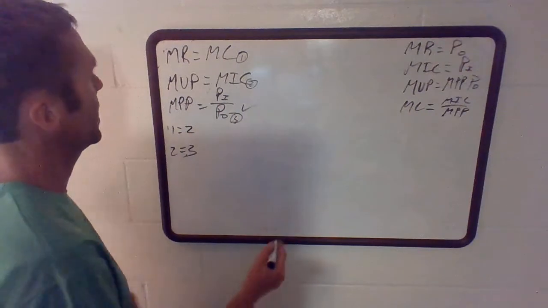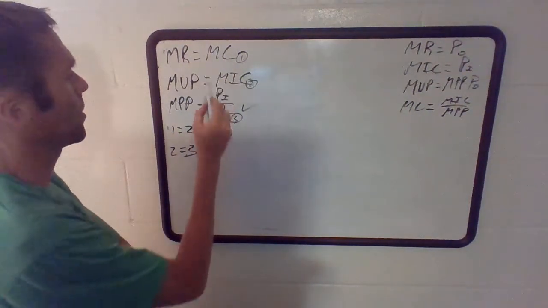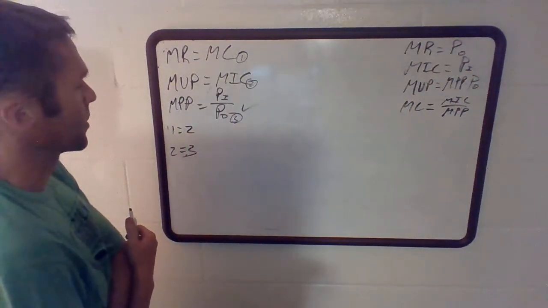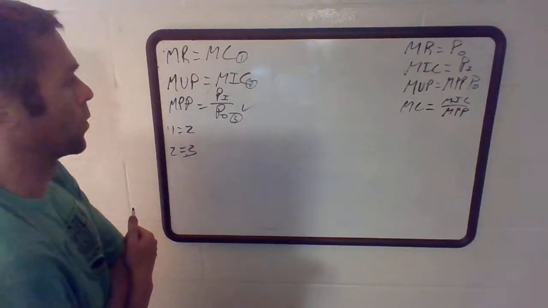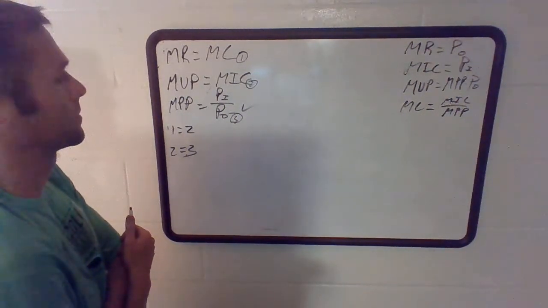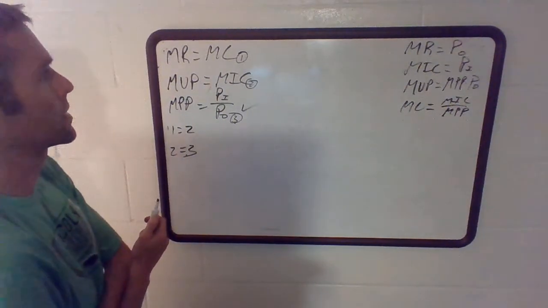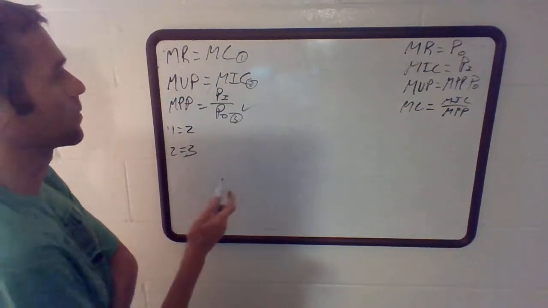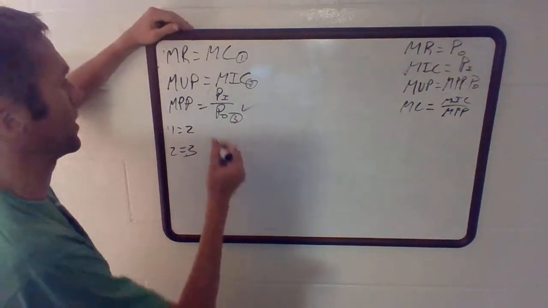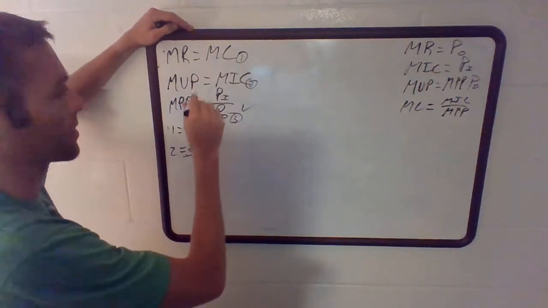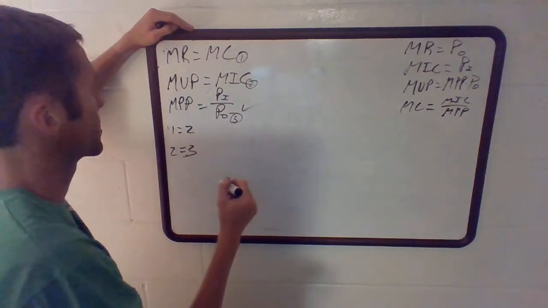So if I say, how do I get from number 1 to number 3? Well, let's start off with number 1 and see if we can get there. So we want to turn marginal revenues and marginal costs into inputs and outputs.